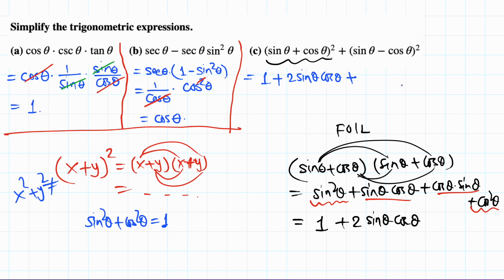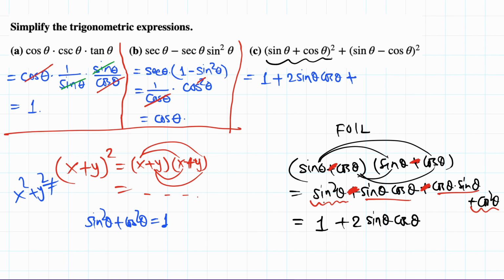Here is plus, so we don't have to put parentheses around. If we had a negative sign there, we would have to put parentheses, because we would have to distribute that negative, but it's not needed in this case. Now it's minus, so when we multiply, it's going to be minus, minus, minus, plus.